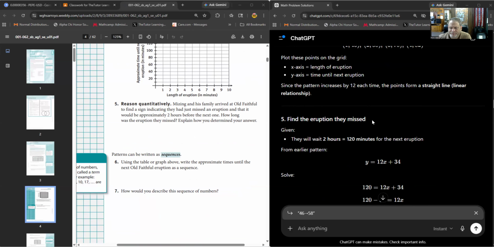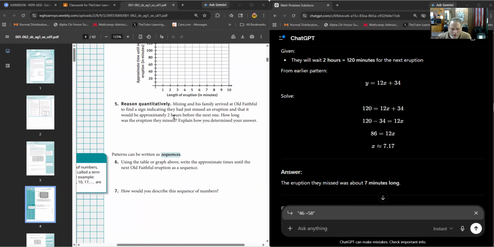Number 5. Meising and his family arrive at Old Faithful to find a sign indicating that they had just missed an eruption, that it would be approximately 2 hours before the next one. How long was the eruption they missed? Explain how you determine your answer. Well, you have 12 minutes each time. So 12 minutes.